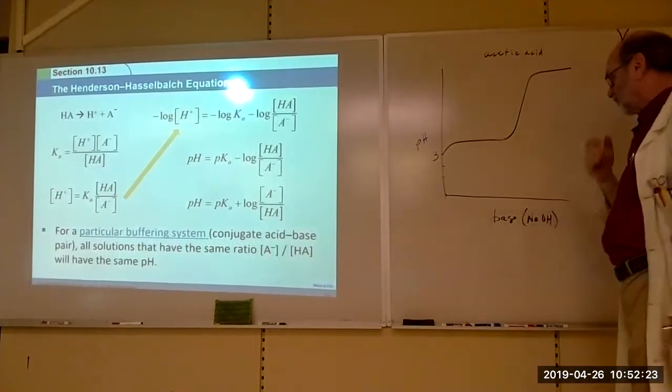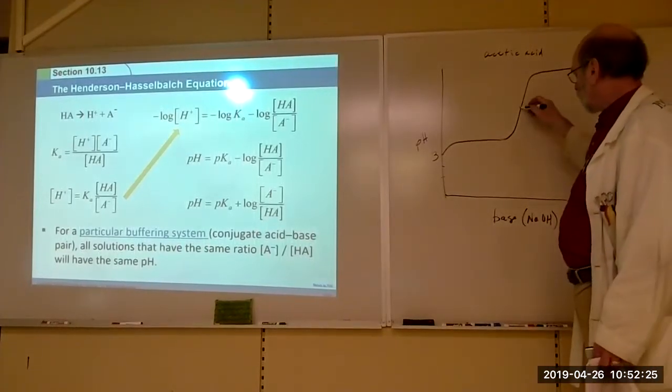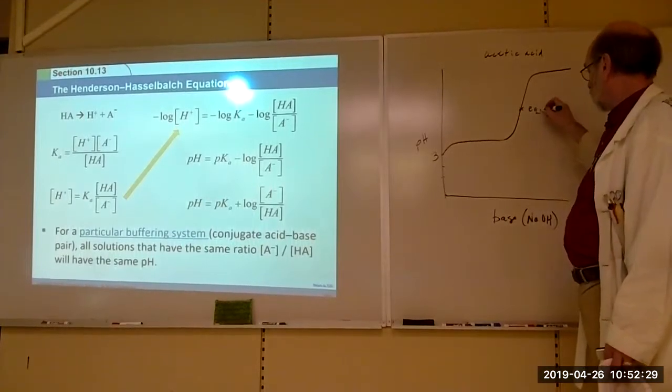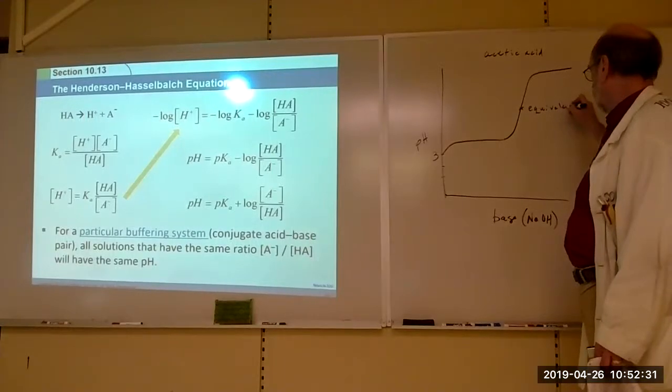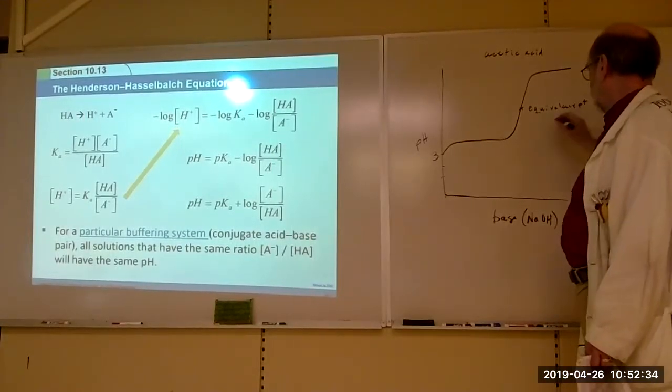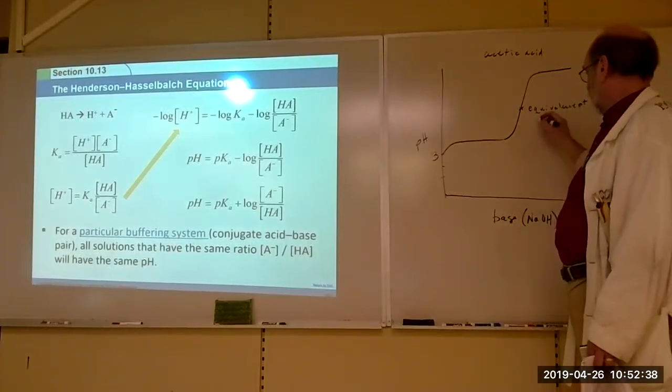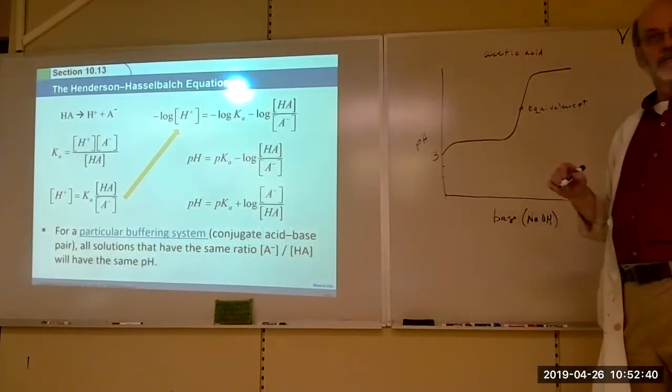Okay? This point right in the middle there is called the equivalence point. That's when the amount of acid and the amount of base are exactly equal. Right?